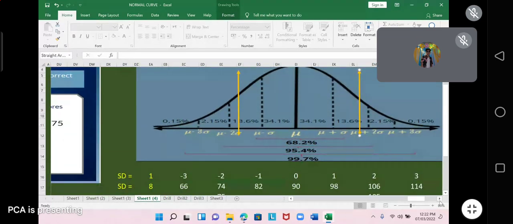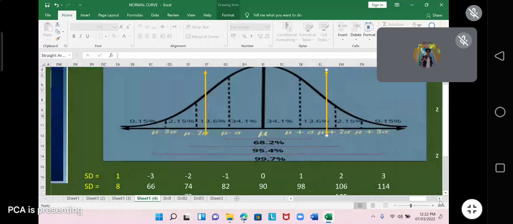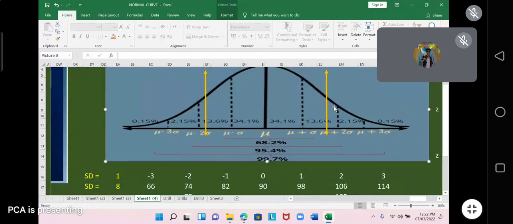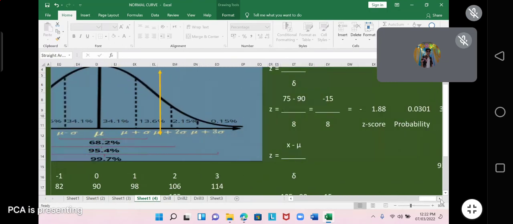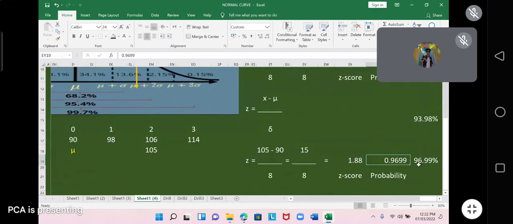It's here, no? Lumaki. Lumaki na naman siya. Bigla siya lumalaki. Okay? So it must be equal 1.88. Okay, from here to there, percentage is a cumulative, no? That is 1.88. It is again an area that is, okay, this one, no? 96.99.